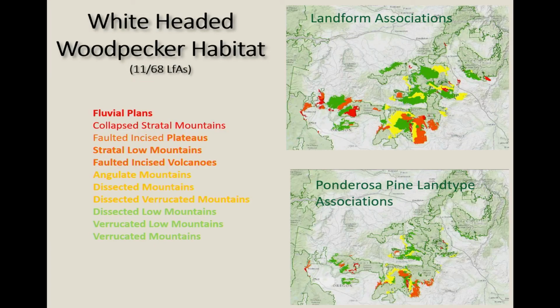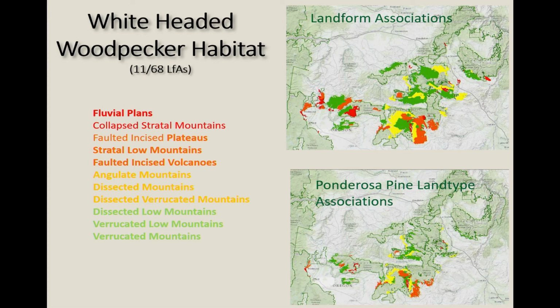So Kim Mellon used the Landform Association to look at several species of wildlife habitat and to see if they could be a predictor of where they might find that habitat. So in this example of the white-headed woodpecker, she found statistically significant correlations with land type associations in the Blue Mountain area. But then if you think about the white-headed woodpecker, they only visit ponderosa pine sites.